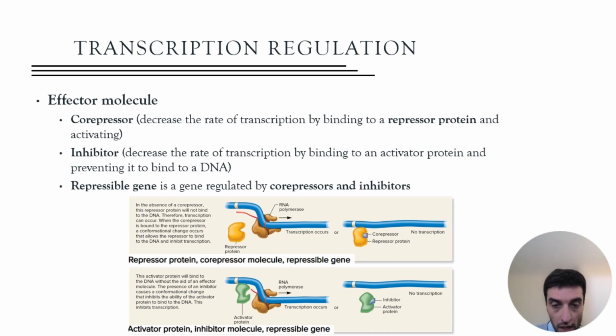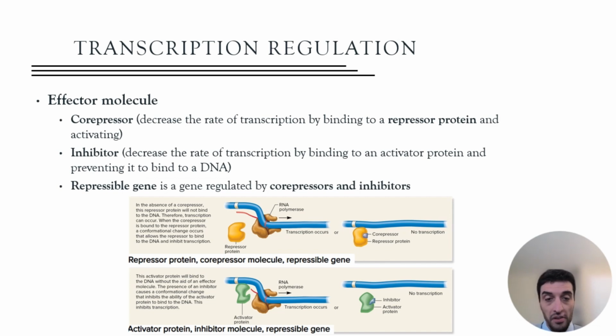We're going to have a repressor protein that's just around, and when the corepressor binds to the repressor protein, this repressor protein is going to be activated, and this is going to make it harder, or impossible, for the RNA polymerase to be activated. That way, you're going to be repressing that gene expression.